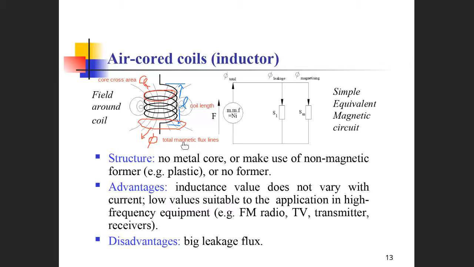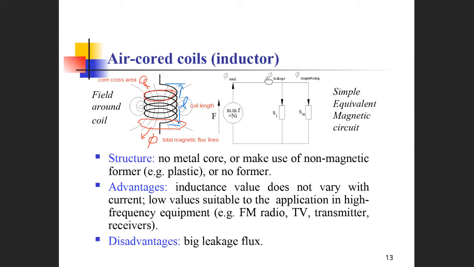Then we have the magnetomotive force F, produced by the current on the coils, which is the product of the number of turns of the coil and the current I. Then it produces flux that goes through the coils and in the space, in the air, which gives the total flux here.